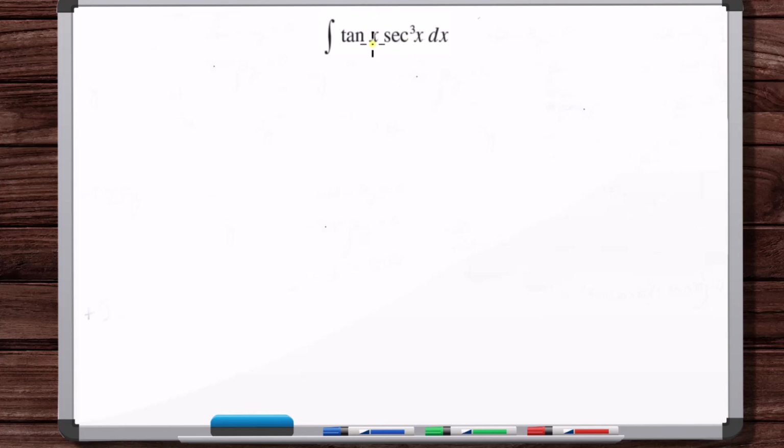And so if the power on the tangent x is odd, then you want to separate out a secant x tangent x. So what we have is secant squared x times secant x tangent x dx. And then the power on the secant, it doesn't matter if it's odd or even.